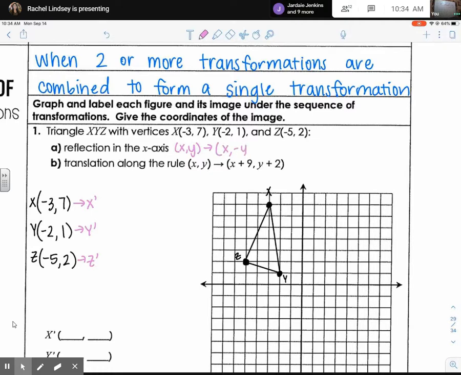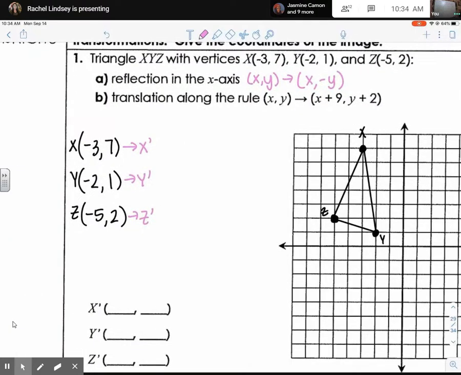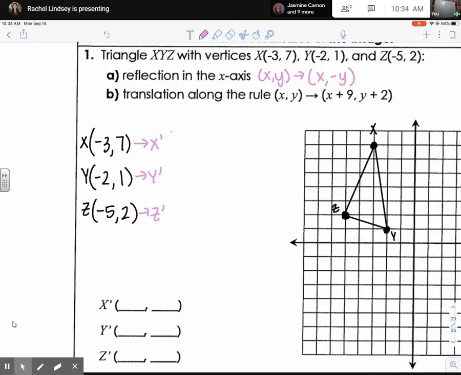So I have x, negative y. I'm just going to change the sign of all my y values. So X prime is at -3, -7. Y prime is at -2, -1. And Z prime is at -5, -2.